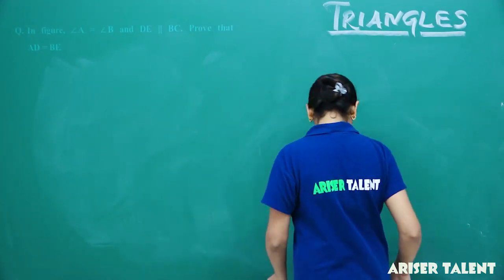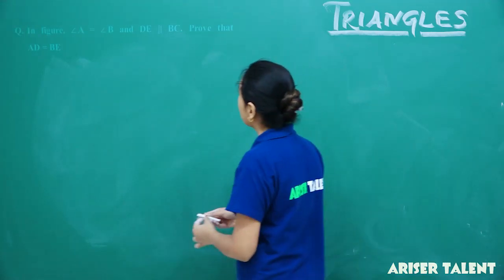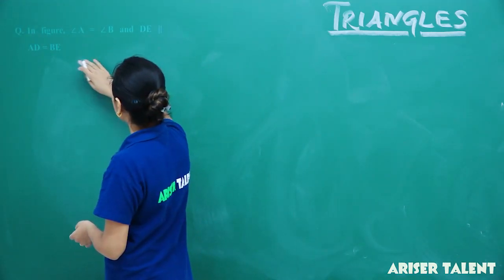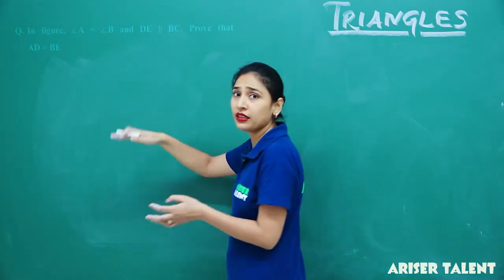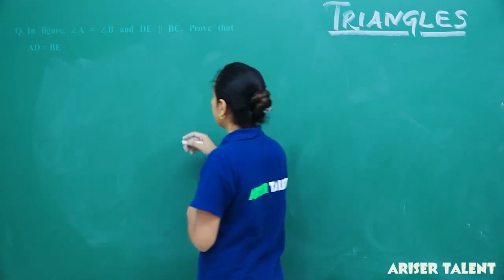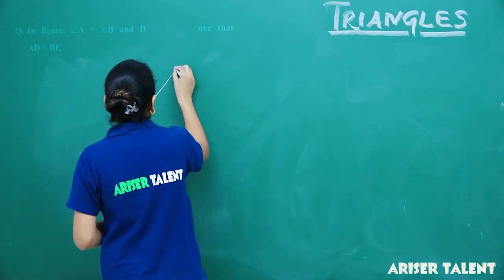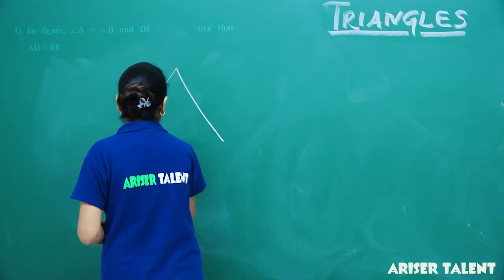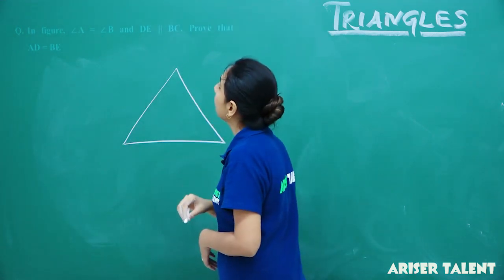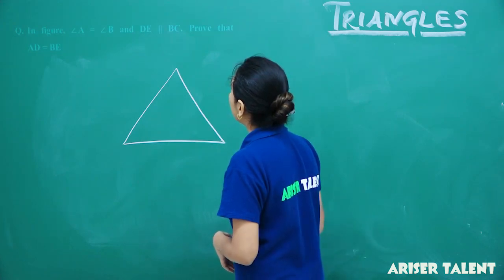Now in our next lecture we will be having this question in figure. I am not having any figure here right now, but I can give you this. Okay. In figure angle A and angle B are equal.